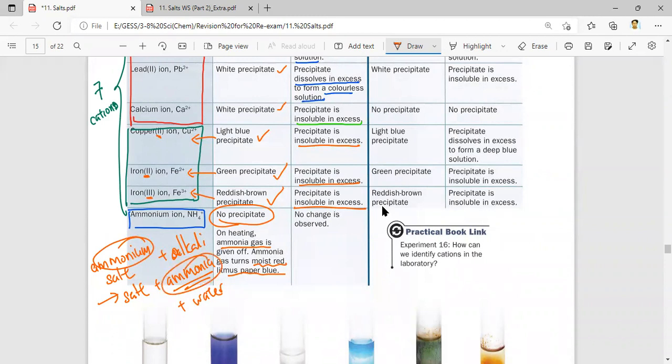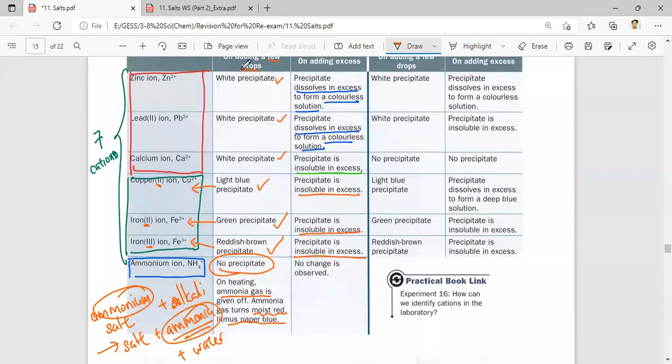So for these 7 cations, by adding sodium hydroxide, you are able to differentiate almost all of them, except for zinc and lead, because both of them give you a similar reaction. Calcium is distinct, copper is distinct, iron 2, iron 3, and ammonium are distinct.